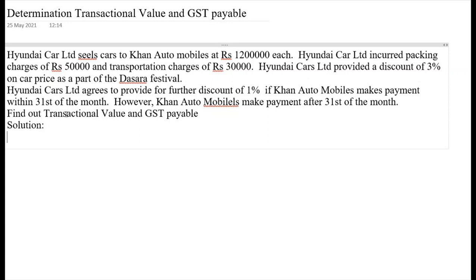Hyundai Car Limited agrees to provide a further discount of 1% if Khan Automobiles makes payment within 31st of the month. This is an after-sale discount here. But Khan Automobiles have failed to make the payment within 31st of this month, so they are not eligible to avail the discount of 1% here. So it cannot be excluded here.